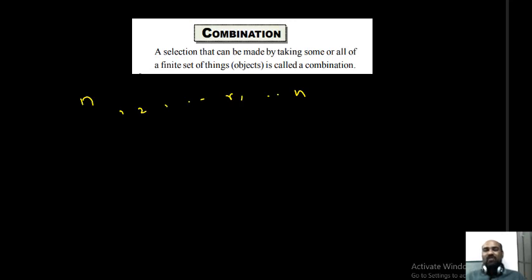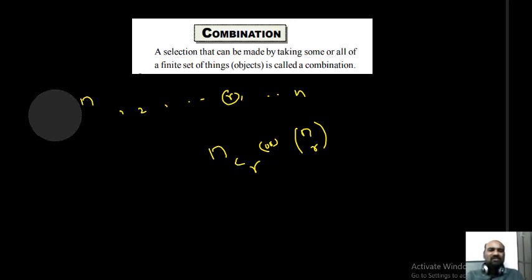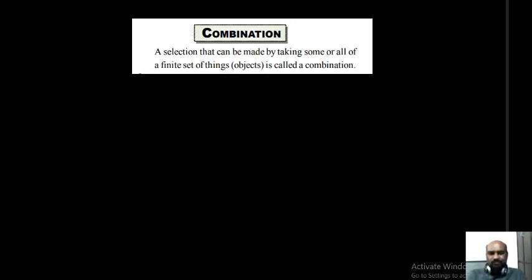Selecting r objects from n is symbolically written as nCr, or simply n, r in small brackets. Both give the same meaning.